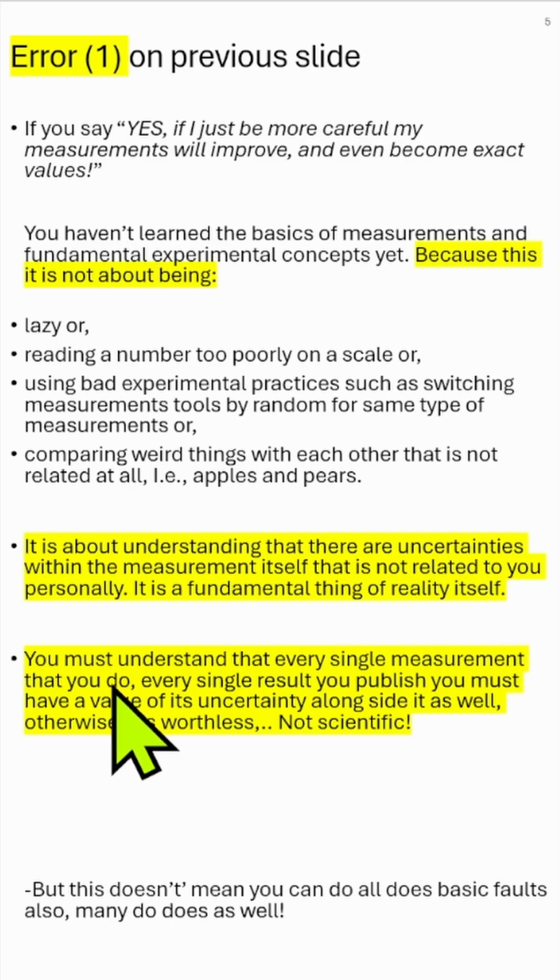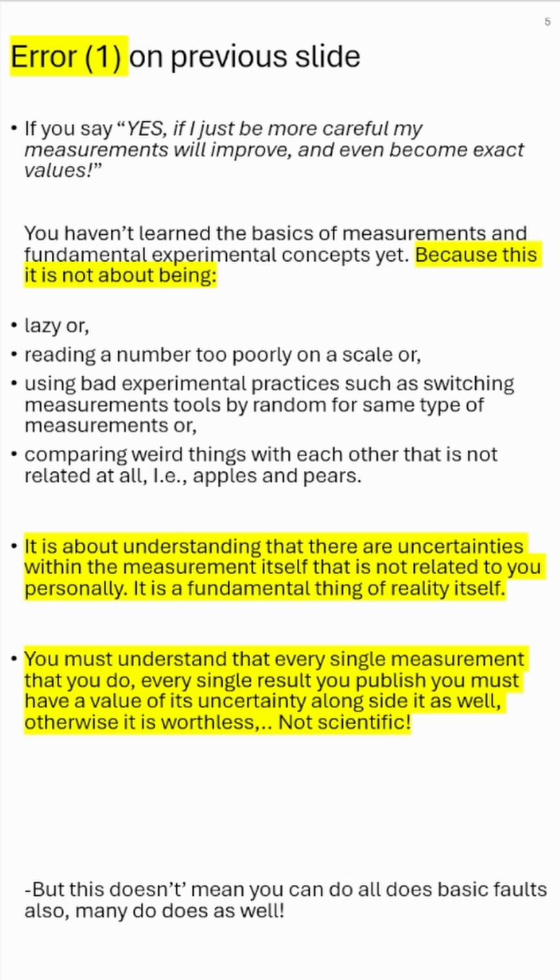You must understand that every single measurement that you do, every single result that you publish, you must have a value of its uncertainty alongside it as well, because measurement uncertainty is a thing of reality itself. Otherwise, your result will be worthless. It will not be scientific.